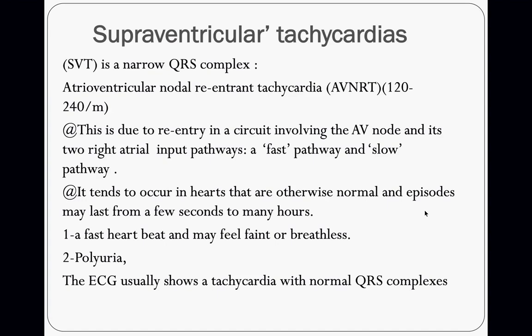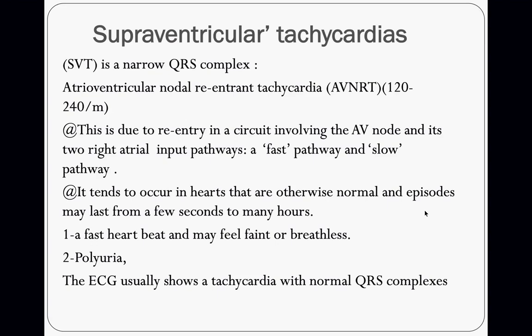So re-entry occurs at that site. Because the re-entry occurs in the AV node, it will produce a narrow QRS complex, and its level is above the level of the ventricle. SVT usually affects a normal heart, but may occur in an abnormal heart like ASD.